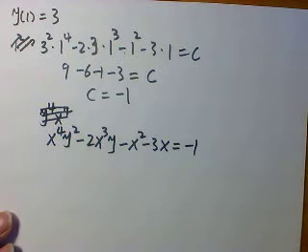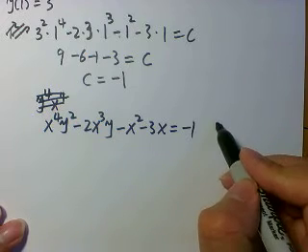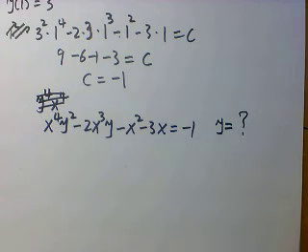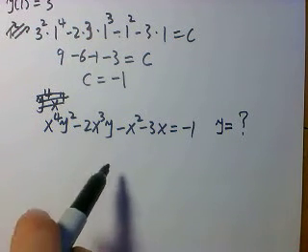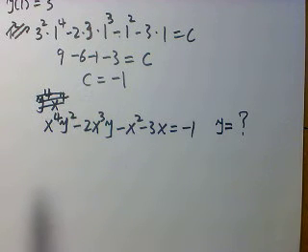Okay. And again, since some problems require you to write y equals something, that means we're going to transform this implicit expression into an explicit expression. How to transform it? We're going to use the quadratic formula.